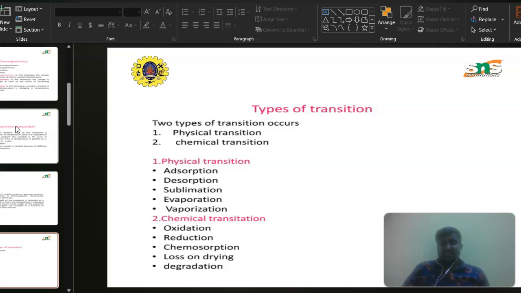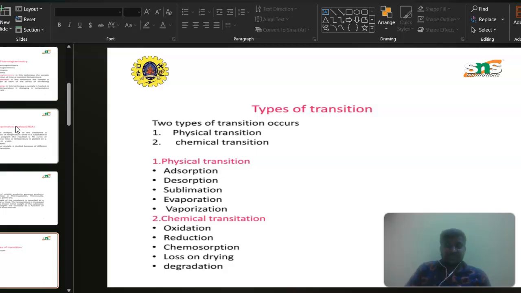Next, we see the types of transition using TGA. There are two types of transition: physical transition and chemical transition. In physical transition, the types are adsorption, desorption, sublimation, evaporation, and vaporization.